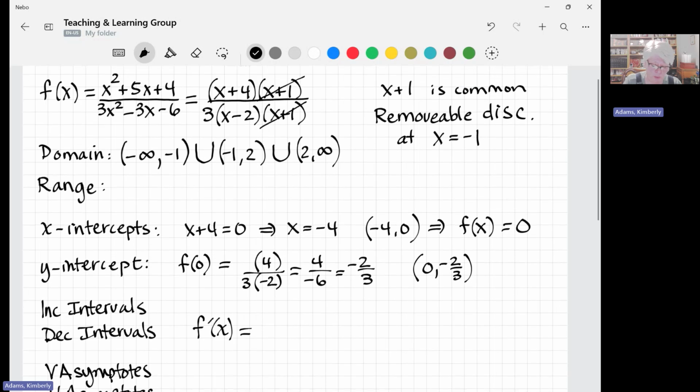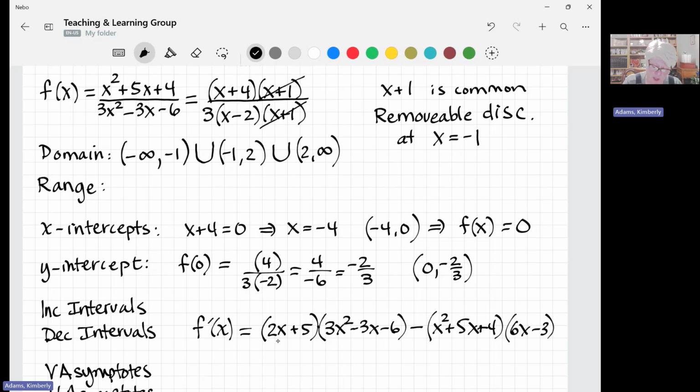Remember, it's going to be the derivative of the numerator, which is 2x plus 5, times the denominator, minus the numerator, times the denominator's derivative, which is 6x minus 3.